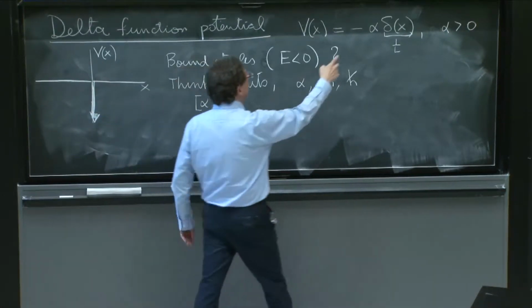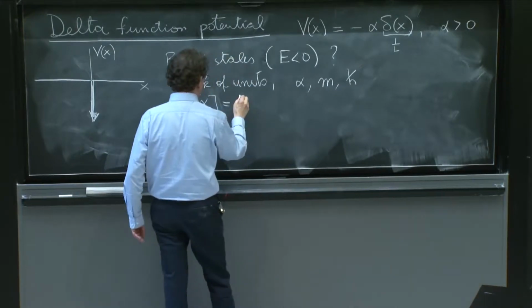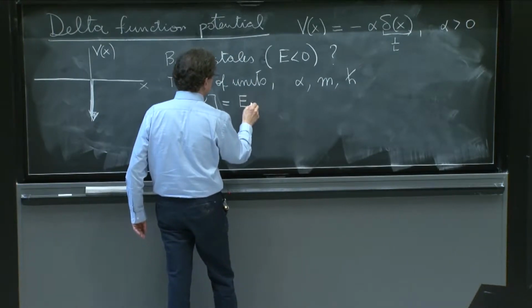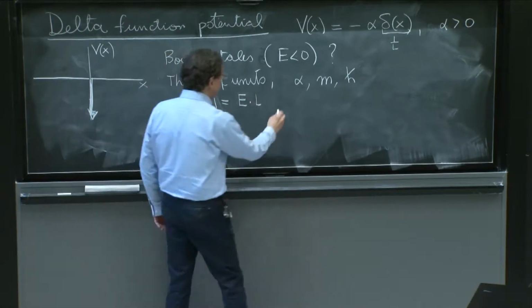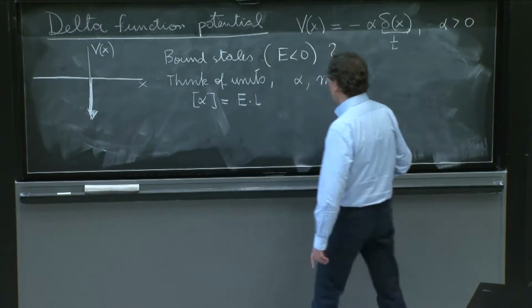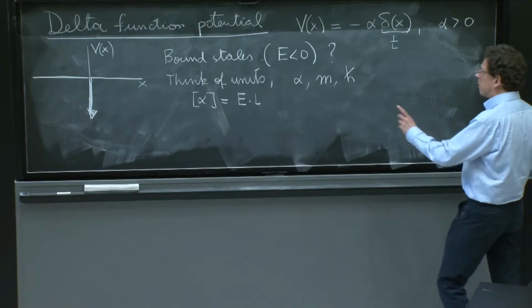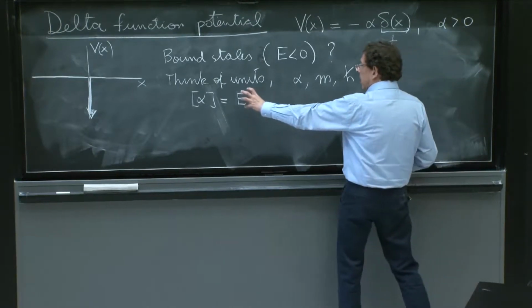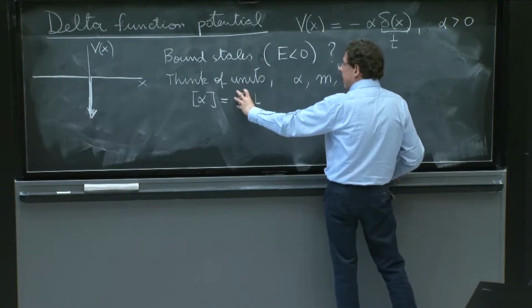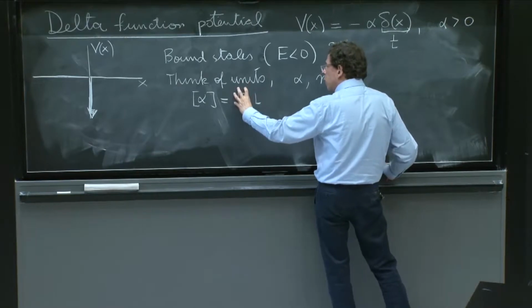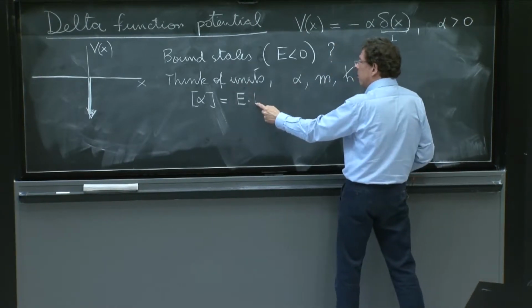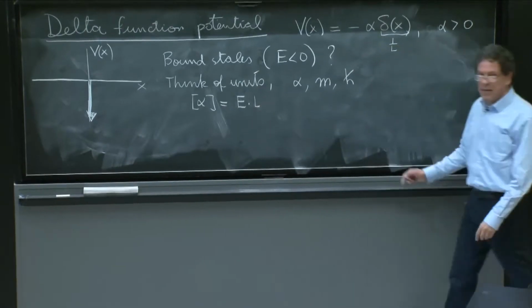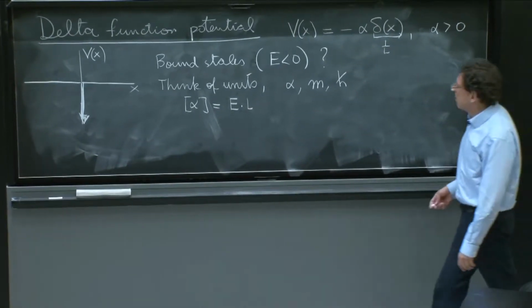And therefore, alpha has to have units of energy times length. So this is not quite enough to solve the problem, because we still don't have a length scale either, so we have to do a little more work.